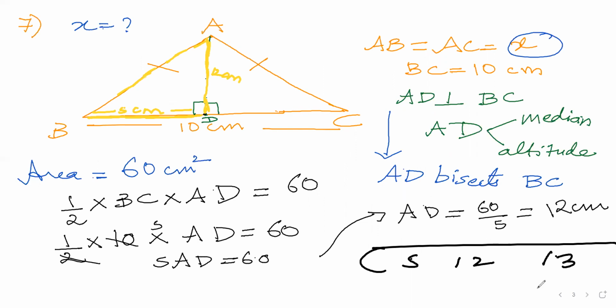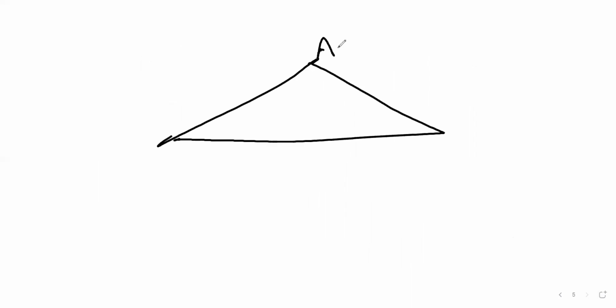Very importantly, remember in an isosceles triangle, we have a triangle ABC. If I say triangle ABC is isosceles, I need to mention two of the sides which are equal. In an isosceles triangle, two sides are equal. AB will be equal to AC. So the angles opposite will be equal. These are called base angles, isn't it? Angle B and angle C are the base angles.